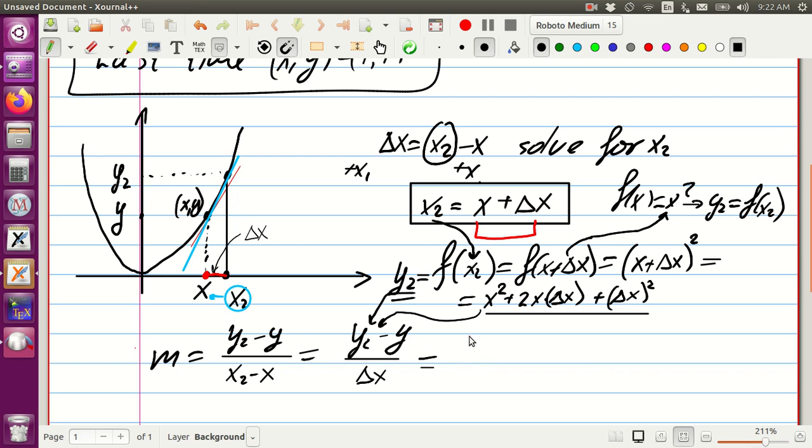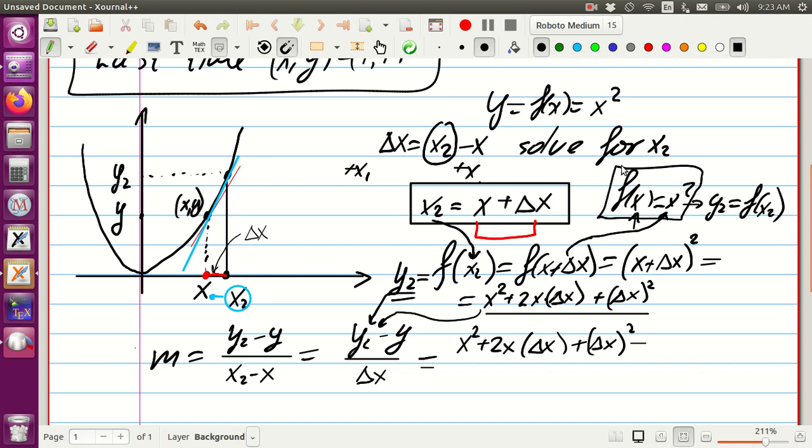So we have an equal sign, we have x squared plus 2x delta x plus delta x quantity squared. Then we have the minus from here, so minus y. But let's think what y is. y is just f of x, which is x squared, right? So again, the same procedure. We take x, we plug it into the function, we get y.